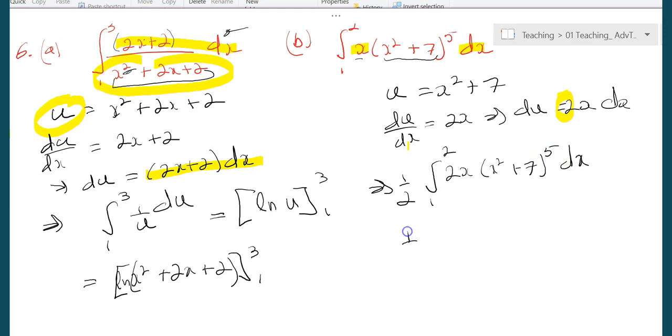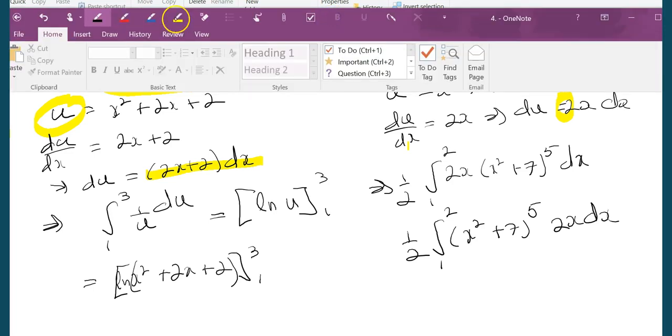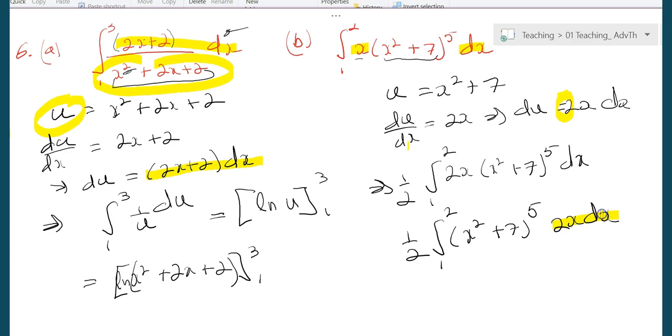In class, we wrote this as 1/2 times the integral from 1 to 2 of (x^2 + 7)^5, and I'm going to bring 2x dx here. Now we're in business. We see that the 2x dx is the same as the 2x dx here, and this thing is the same as u.